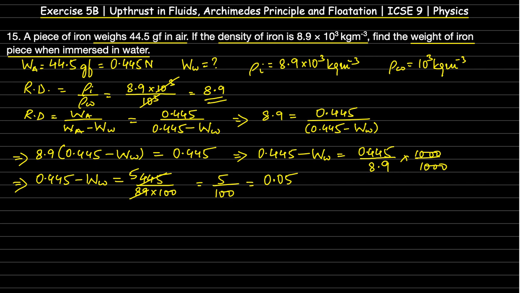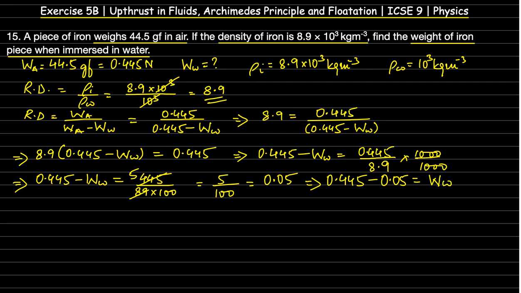So we have got 0.445 minus WW, that is weight in water, is equal to 0.05. Now we would take weight in water to the other side and 0.05 to the other side. So we get 0.445 minus 0.05 is equal to weight in water.